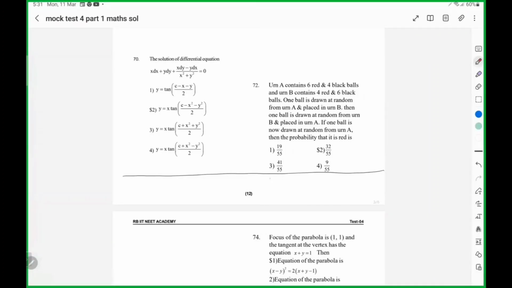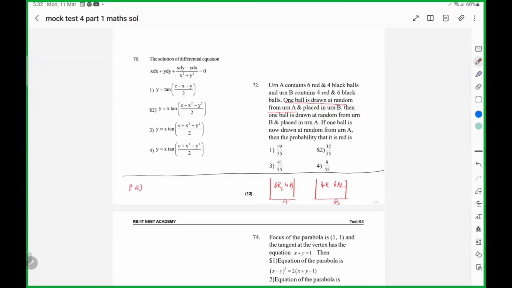Urn A contains 6 red, 4 black balls. Urn B contains 4 red, 6 black balls. So one ball is drawn randomly from urn A. That can be red or black.